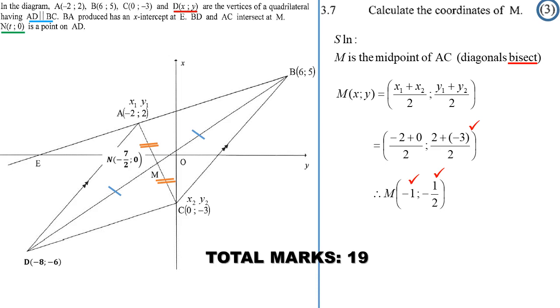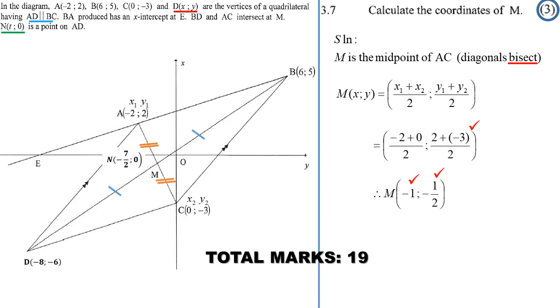Diagonals of a parallelogram bisect each other, and the 2 pairs of opposite sides of a parallelogram are parallel. And there are 2 conditions pertaining to the sides of a quadrilateral that will qualify it to be a parallelogram: when both pairs of opposite sides are parallel, or when 1 pair of opposite sides are equal and parallel.